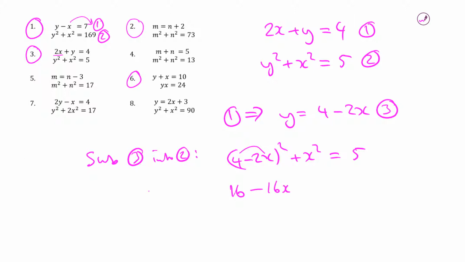Then plus 4x squared, and then plus x squared equals 5. So that would be 5x squared minus 16x plus 16 equals 5, and then you minus 5, which is 9.